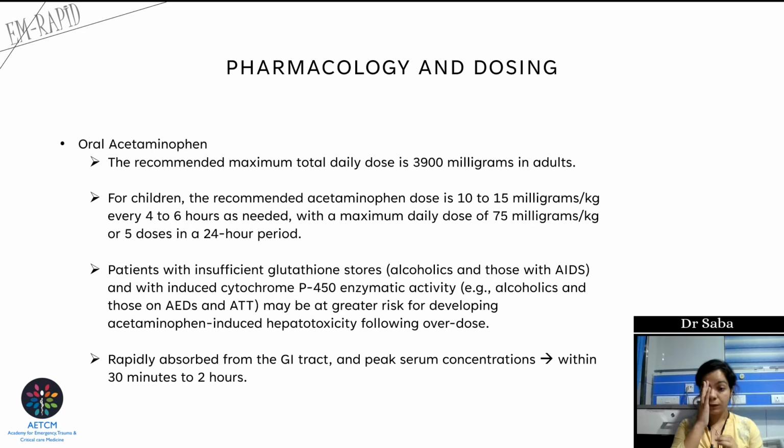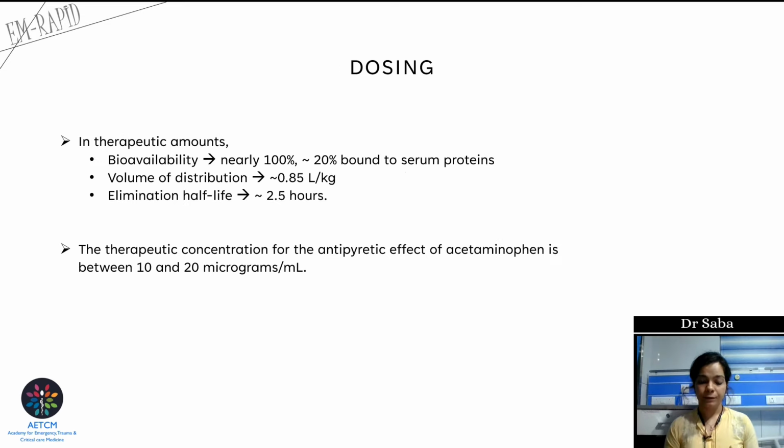Now, when we talk about the pharmacological aspect, acetaminophen gets rapidly absorbed from the GI tract, and peak serum concentrations will be reached within 30 minutes to 2 hours. This I'm talking about when it is consumed orally. The bioavailability of paracetamol is nearly 100%, of which 20% will be bound to serum proteins.